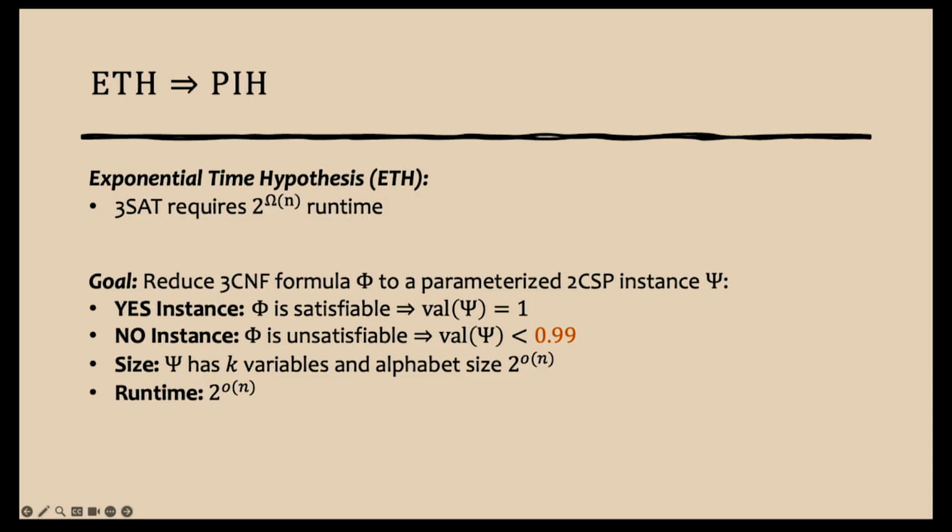And it is a parameterized reduction, so we need to ensure that psi has only k variables, and the alphabet size is 2 to the little n. This is because we need to fit in the ETH runtime.